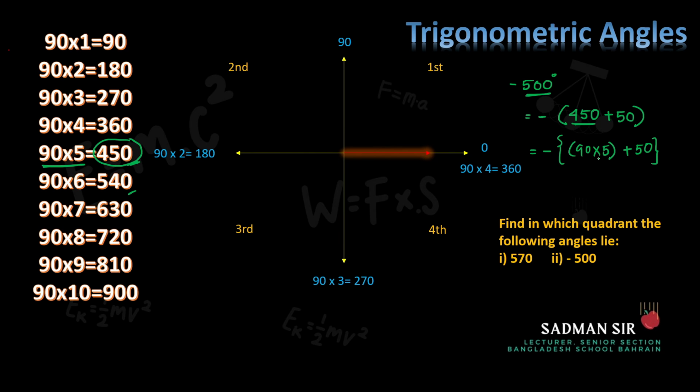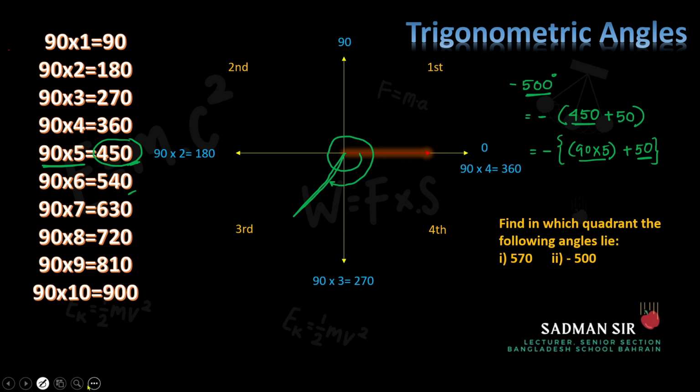Okay, so 90 degrees 5 times. 1, 2, 3, 4, 5. Yes, we have completed rotating 5 times 90 degrees, but we need to go a little further. So we will get into this quadrant and then draw the terminal line here, as I'm drawing without a scale.